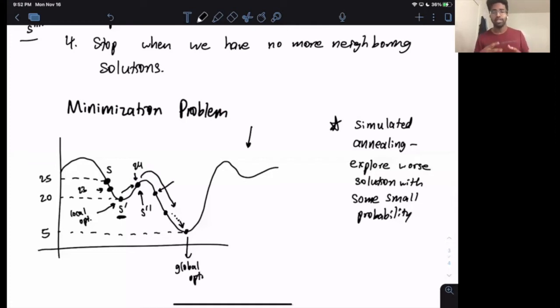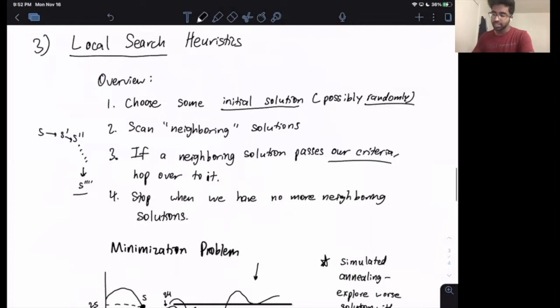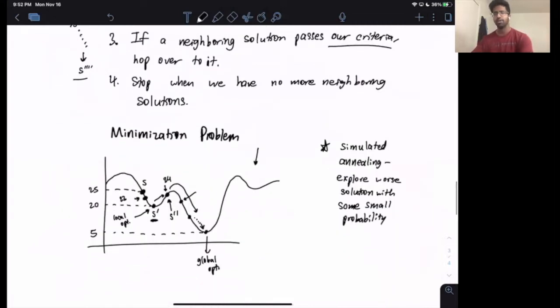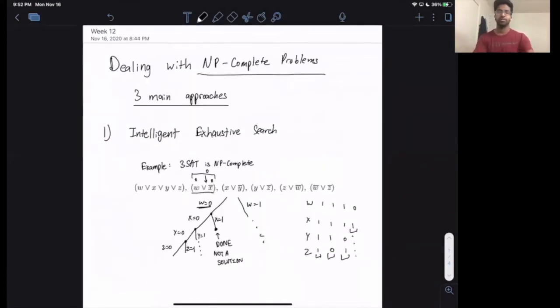Whereas if we have a strict definition and only go to a neighboring solution if it strictly has less cost, that might get us stuck in some bad local optimum. So that's the concept of local search heuristics. I believe it's section 9.3. But those were 3 approaches to coping with NP-complete problems. See you guys next week.